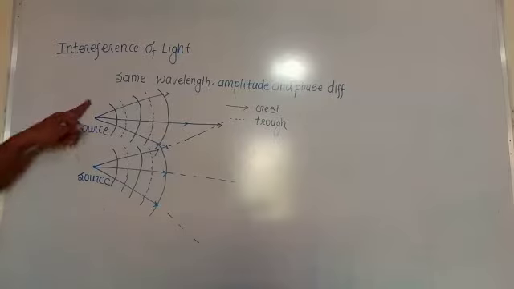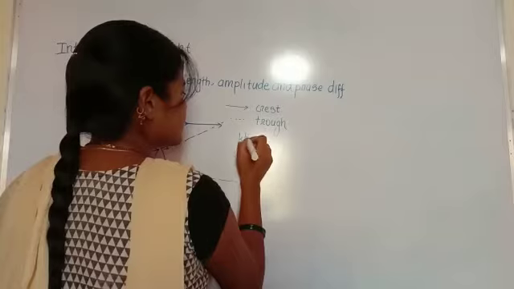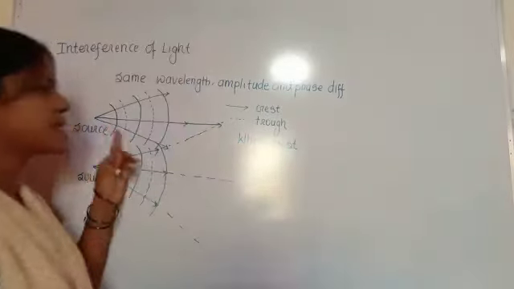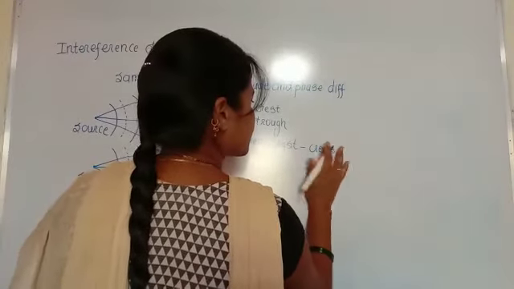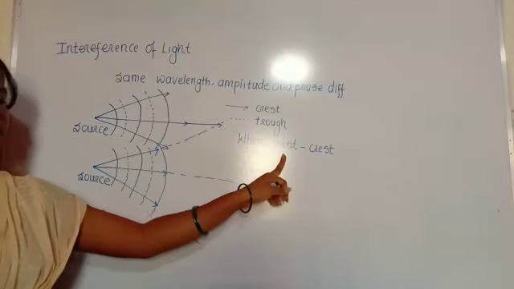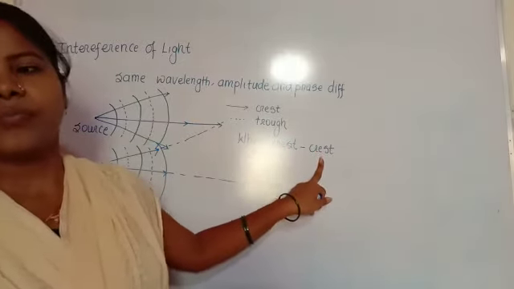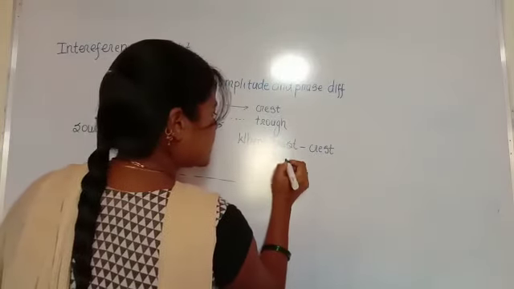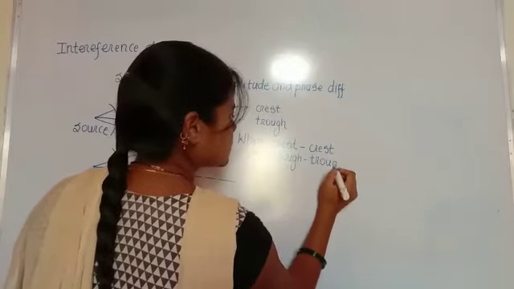These two patterns are observed. What is the condition when the crest of one wave, the crest of one source, falls on the crest of the other wave, or the trough of one wave falls on the trough of the other wave?